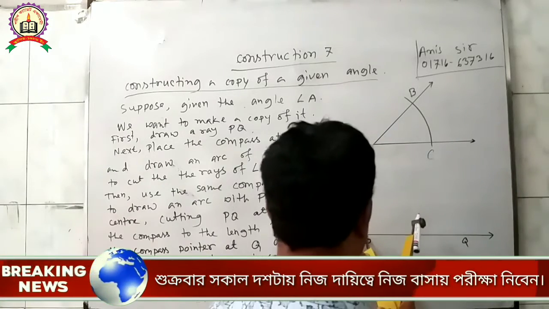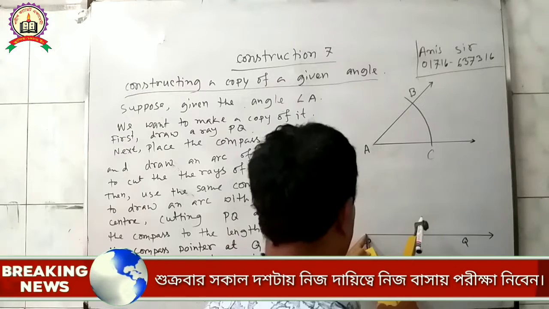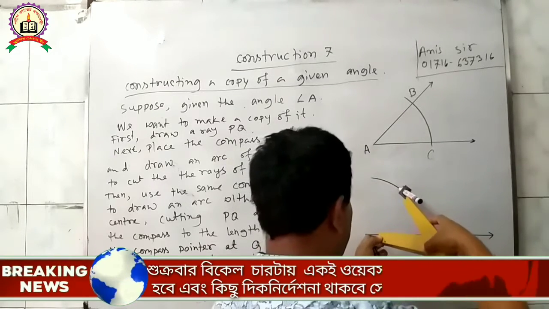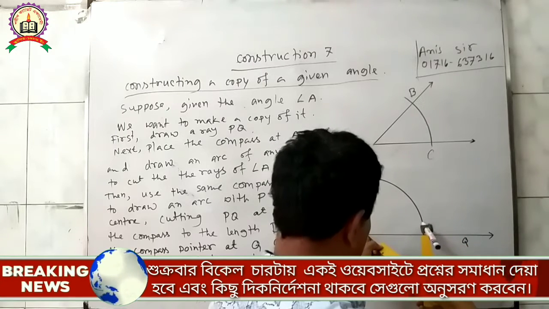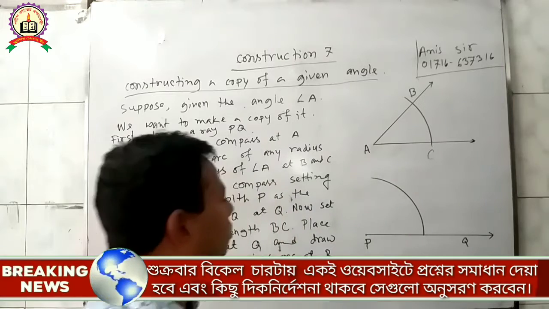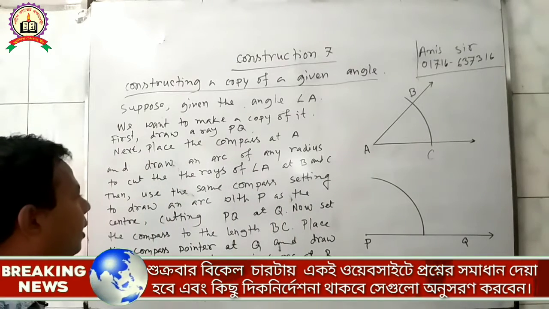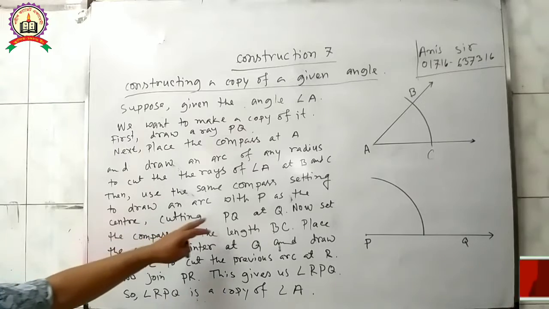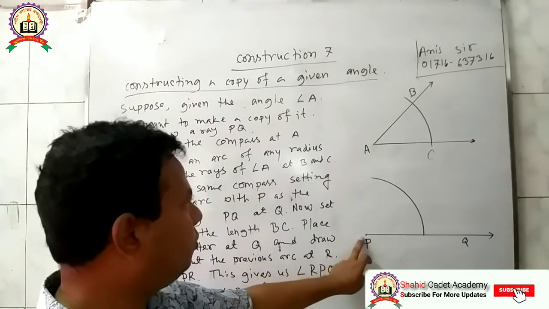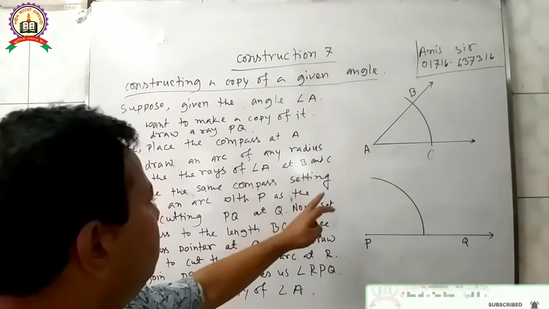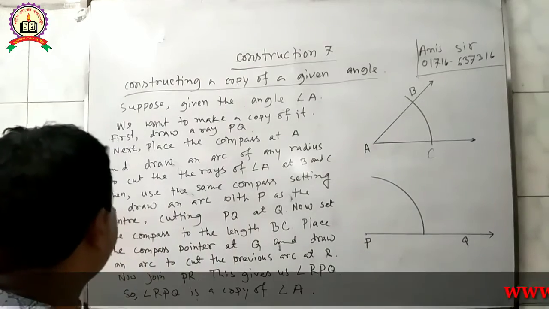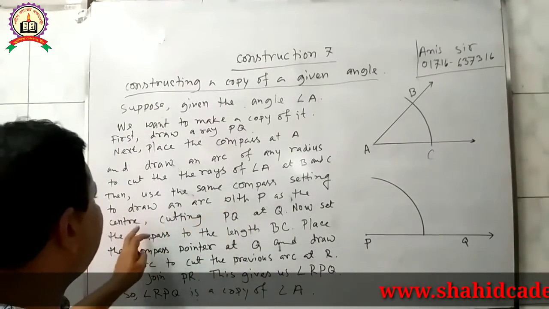So we have to draw an arc with the same compass setting, with P as the center.